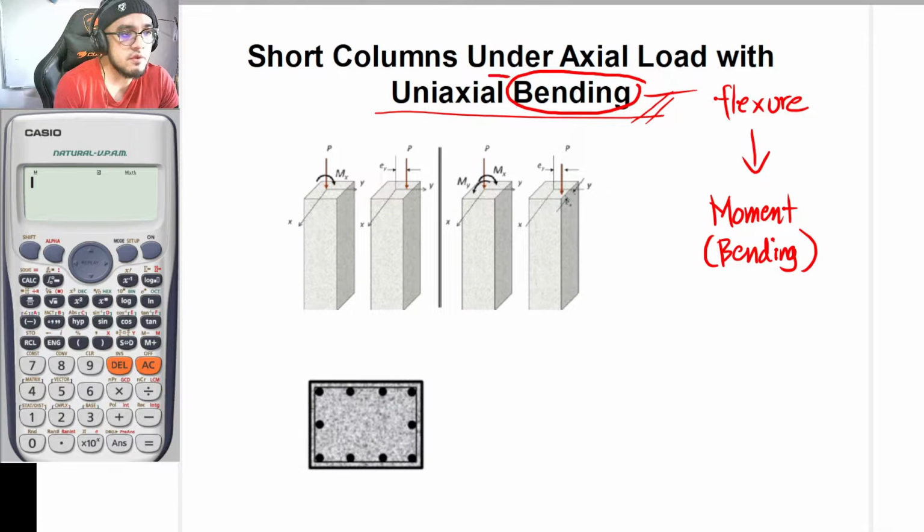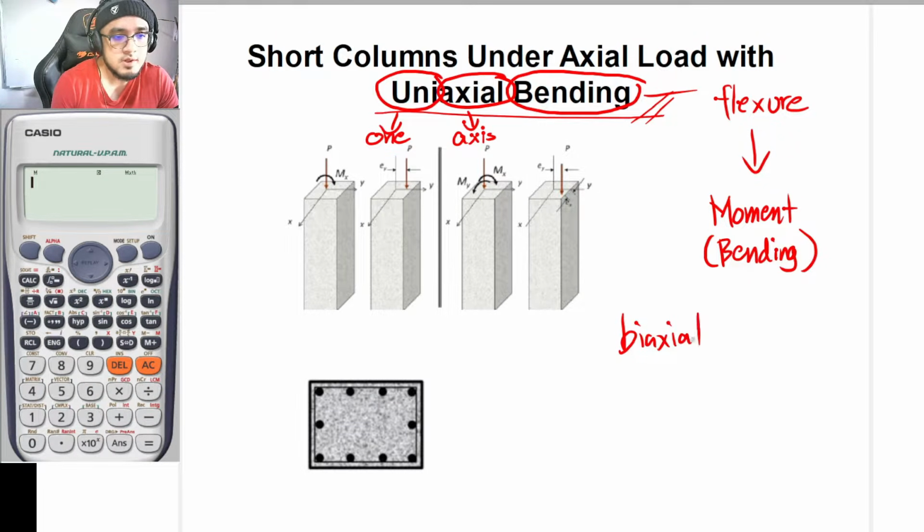But what about uniaxial? Uni basically means one, and axial basically means axis. So collectively, the term uniaxial means one axis. Trivia, guys: when you say biaxial, bi means two, axial means axis, so two axes.